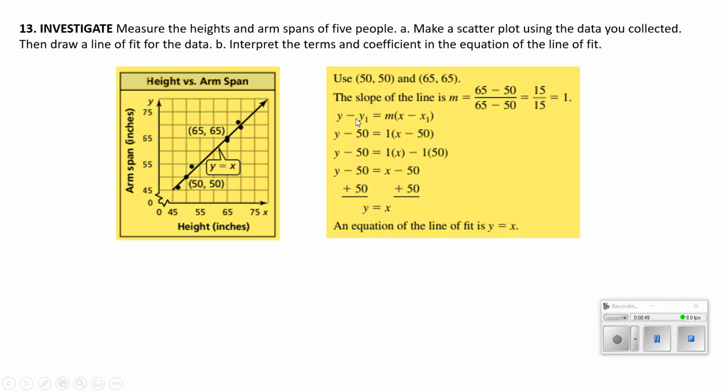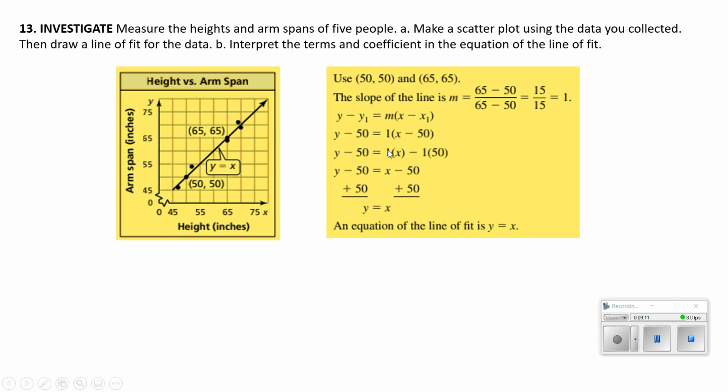Now, when we use this in our point slope formula, we're going to put y minus 50 equals 1 times x minus 50, using 50 and 50 again. Well, this is going to give us y minus 50 equals x minus 50.